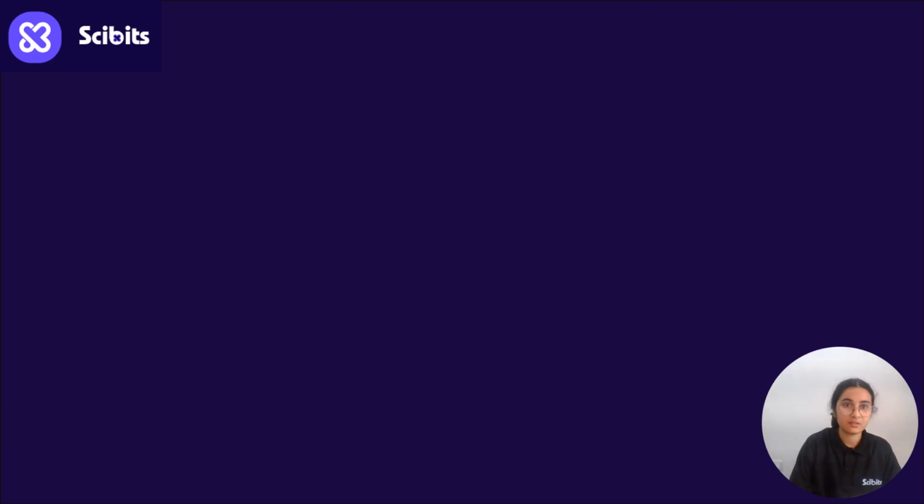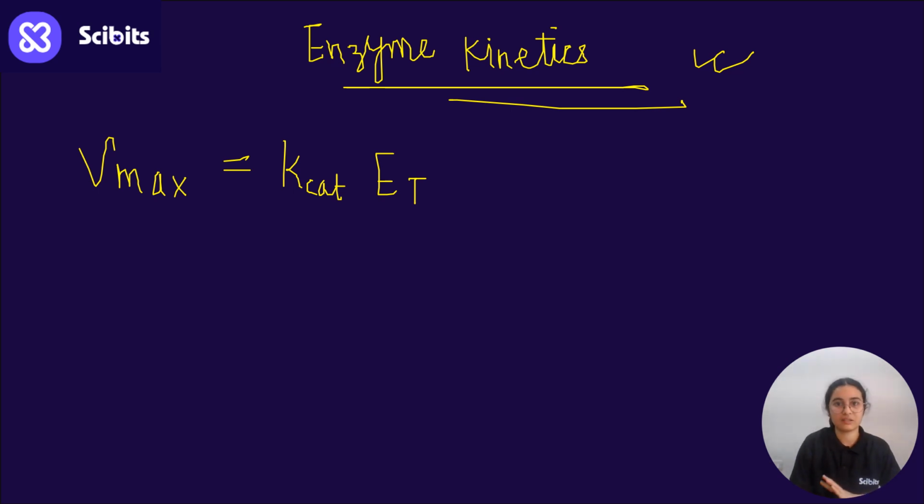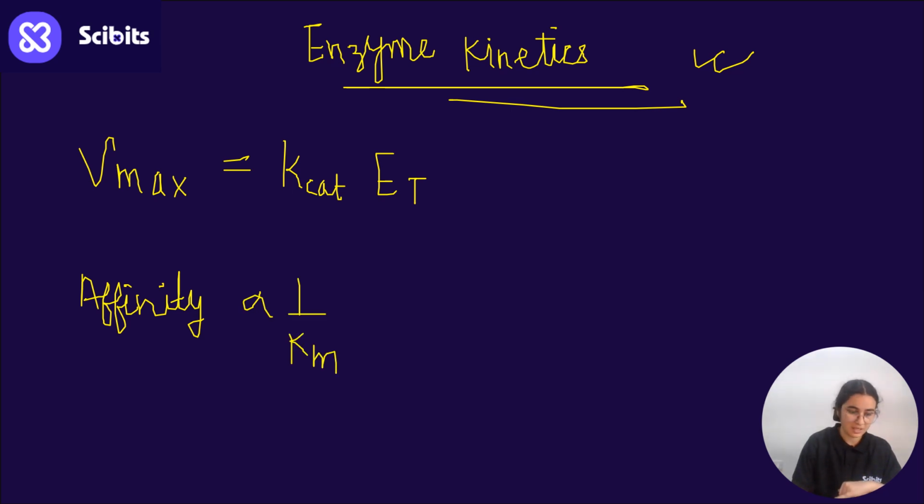Okay. Now the next thing is enzyme kinetics. This is important. From this portion also I've seen many questions. So there is a term named Vmax, that is the maximum velocity of the reaction achieved by a particular enzyme, that is Kcat into Et, where Kcat is the catalytic activity and Et is the total enzyme concentration. The affinity of an enzyme towards any particular substrate is inversely proportional to the Km value, and also to dissociation.